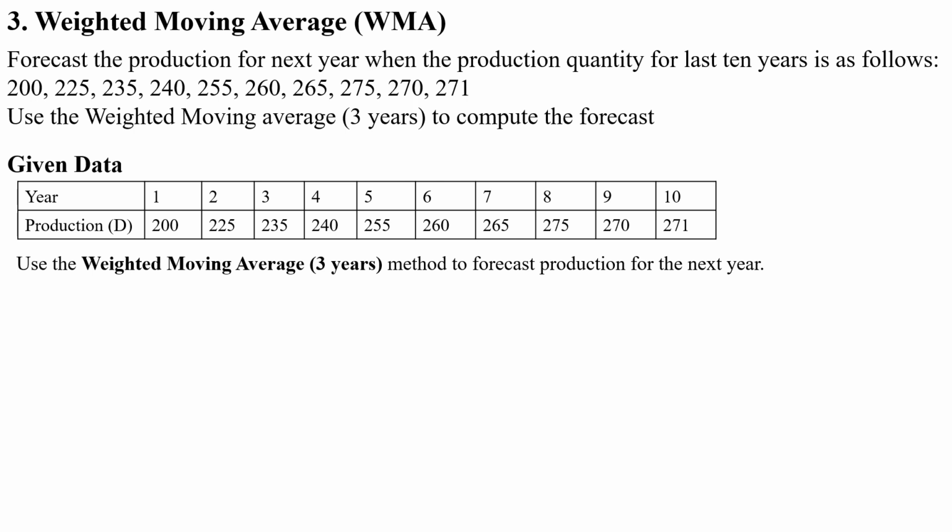Then you have to determine the next year's forecast value. So use the weighted moving average. A 3-year weighted moving average you have to consider to calculate the forecast. The 10 years of actual demand is given, and you have to determine the 11th year forecast value, using the weighted moving average over a 3-year time period.